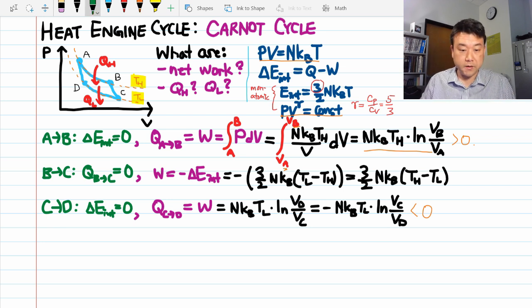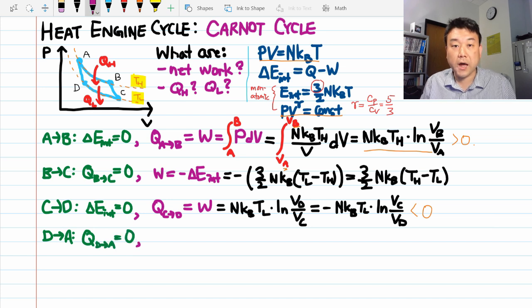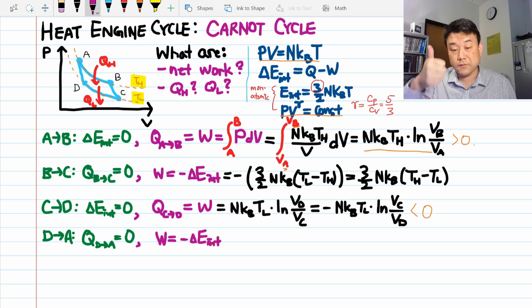Alright, the final step here, D to A. So in D to A, the compression continues, but because the heat exchange is now 0, internal energy is allowed to rise, and we can use that change in internal energy to calculate the work done. The exact same thing we did for B to C, except this time we expect the change in internal energy to be positive, increasing, so the work done will be negative to indicate work being done on the system rather than by the system.